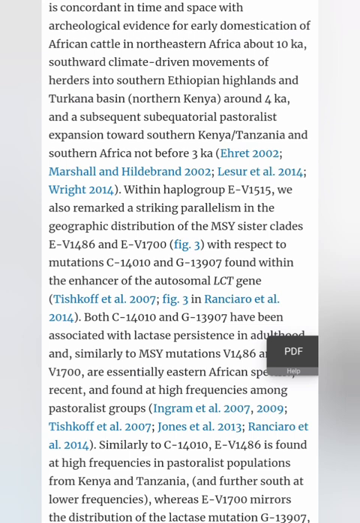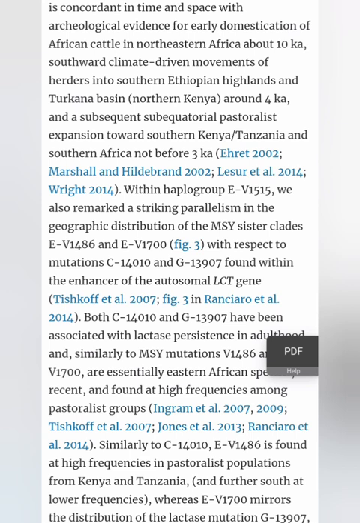Within haplogroup EV1515, we also remarked a striking parallel in the geographic distribution of MSY sister clades with respect to mutations found within the enhancer of the autosomal LCT gene. Both C and G have been associated with lactase persistence in adulthood and, similarly to the MSY mutations, are essentially Eastern African specific, recent, and found at high frequencies among pastoralist groups.